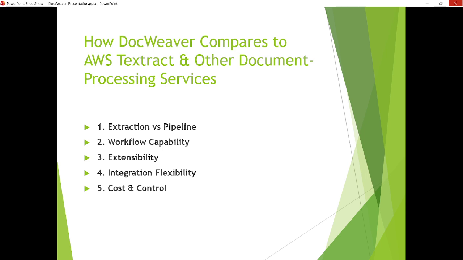So although these advanced industrial document processing services exist, DocWeaver is designed to evolve, like adding a new export format, new search strategy, or new types of external system integration. We can do this with no modification to existing modules.